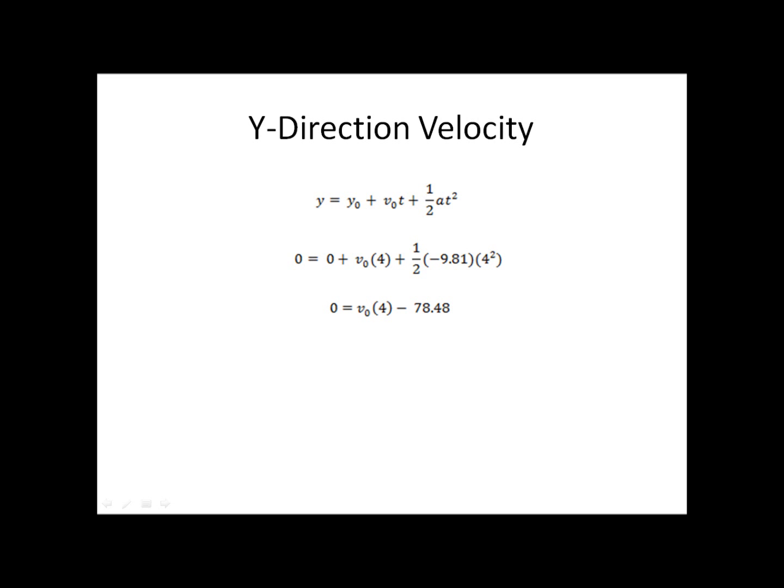The 1/2 times negative 9.81 times 4 squared turns into a negative 78.48. We'll move that to the left side of the equation, and then we will divide by 4. Therefore, 19.62 meters per second is our initial y direction velocity. We now have both components of the velocity.